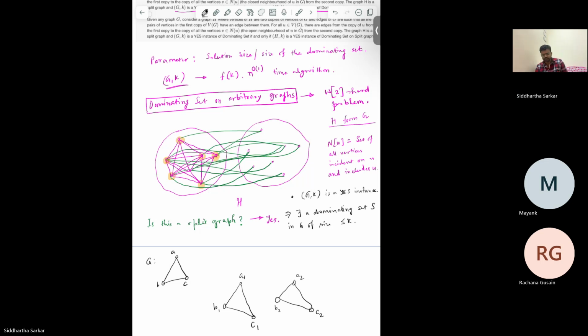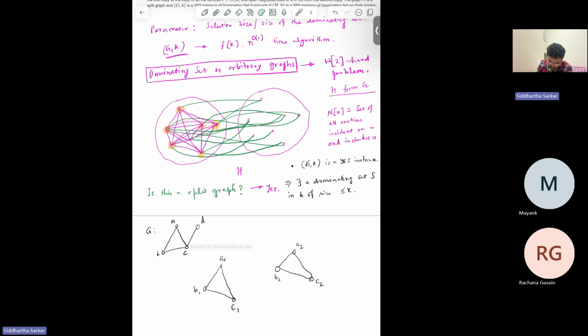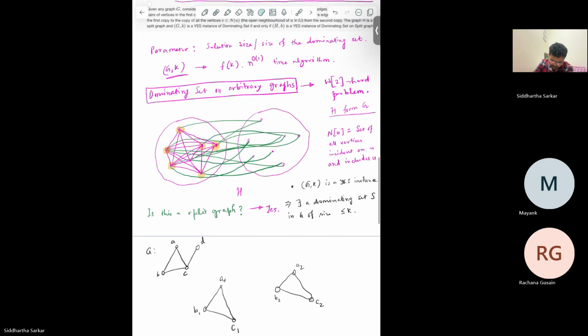We are interested in dominating set. Fine. So now we have to draw the edges. So A1 will get connected to, okay, this will become a complete graph. Let's say one more edge is there, T is also there. This is T1.